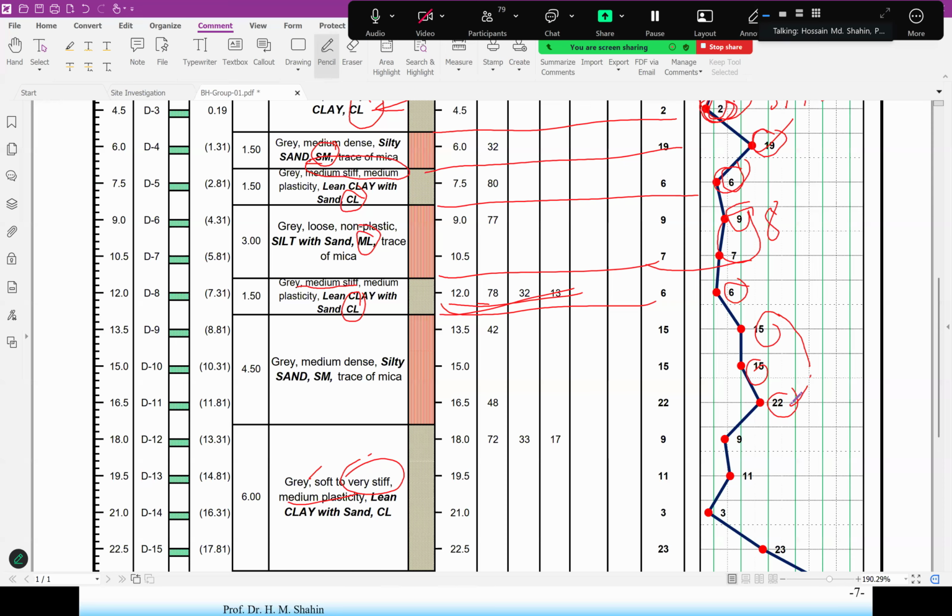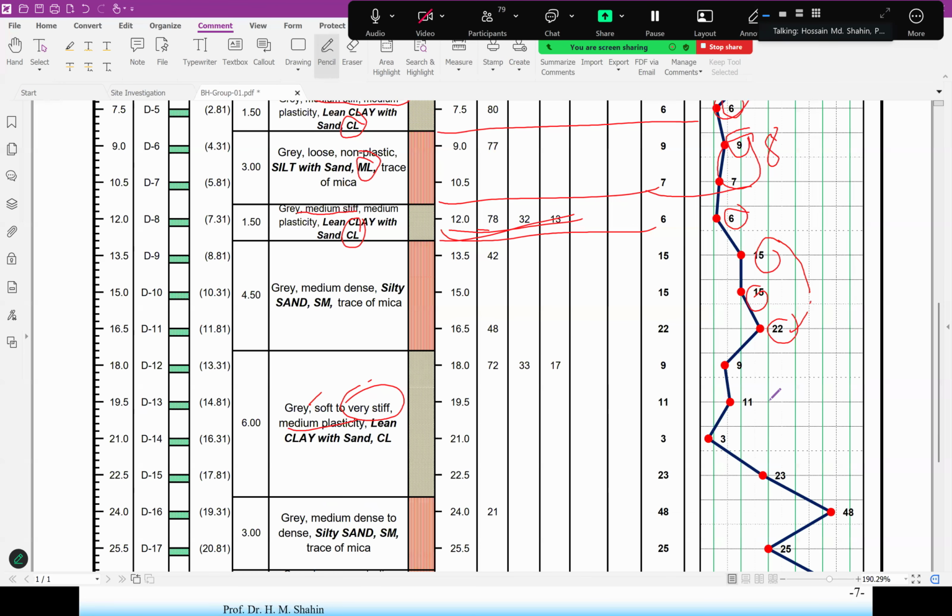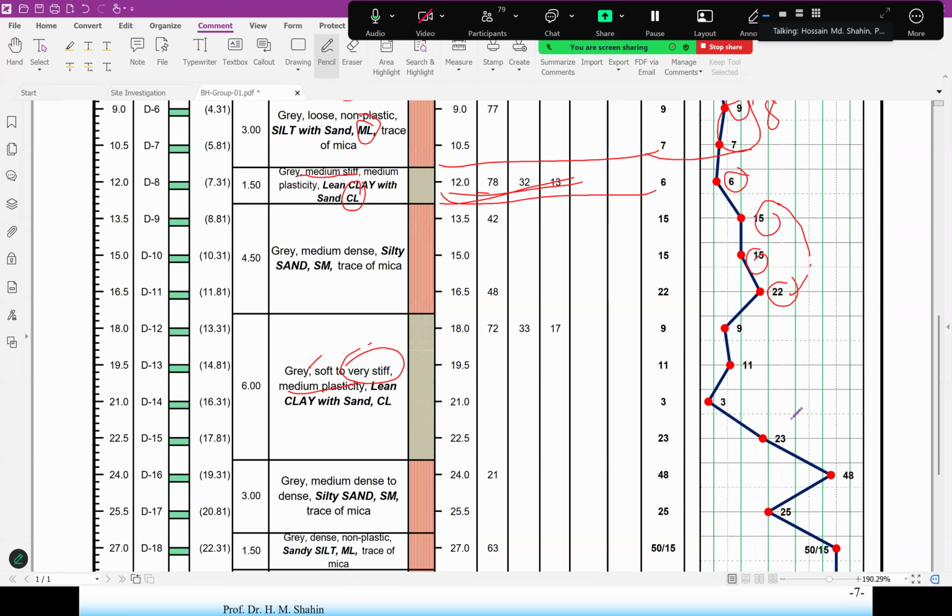Then here you have to divide it because you see up to say 22 meter or 21.5 meter, it is this one. So make it average with these 3 because it is out of range. Okay, 23. So this is only one layer you have.